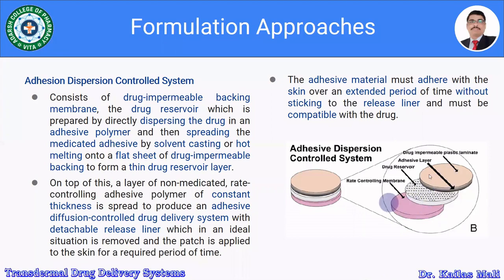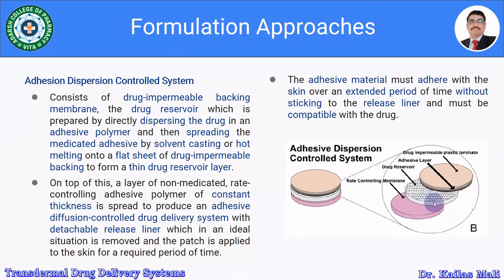It consists of a drug impermeable backing membrane and the drug reservoir, which is prepared by directly dispersing the drug in an adhesive polymer, and then spreading the medicated adhesive by solvent casting or hot melting onto a flat sheet of drug impermeable backing to form a thin reservoir layer.